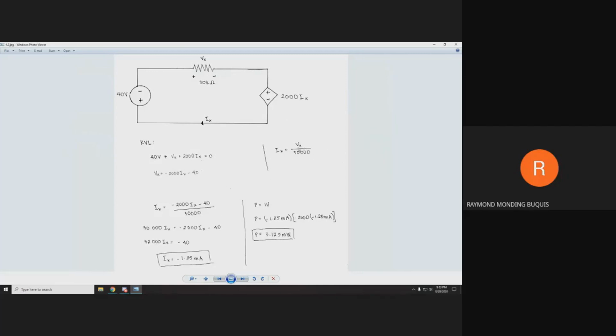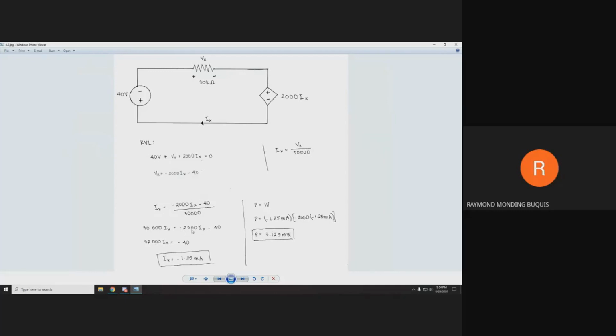Since Vx is equal to negative 2000 Ix minus 40, we can just substitute it here. So this would be that form over 30,000. We can multiply 30,000 to both sides and we will get 30,000 Ix equals negative 2,000 Ix minus 40.